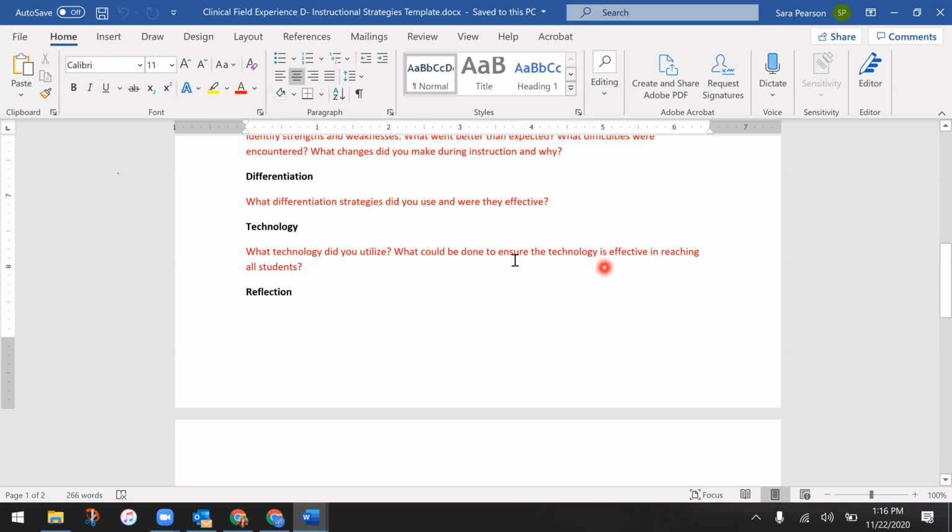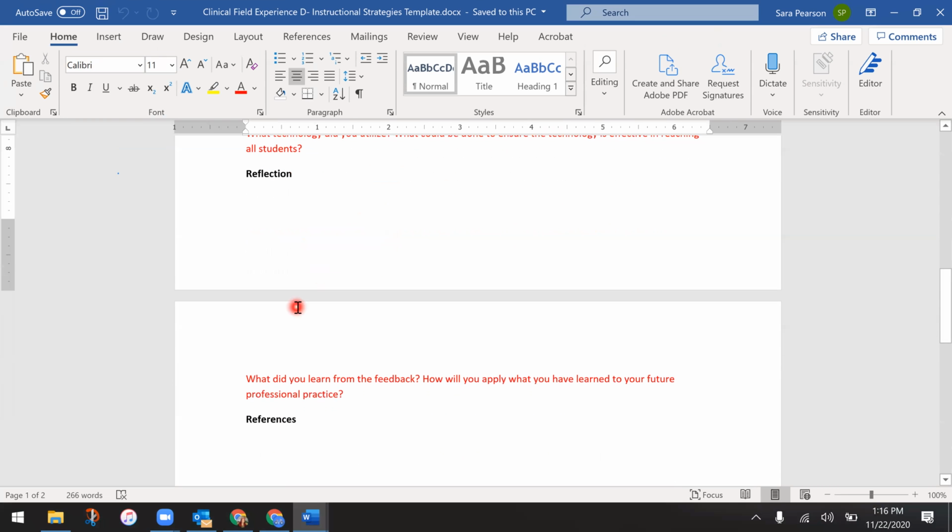And then what can you do to ensure technology is reaching all of your students? For example, you could record your lesson and post it again so that students who had a hard time can watch the video again. If they were struggling during their independent work, they can go back and see the lesson again.